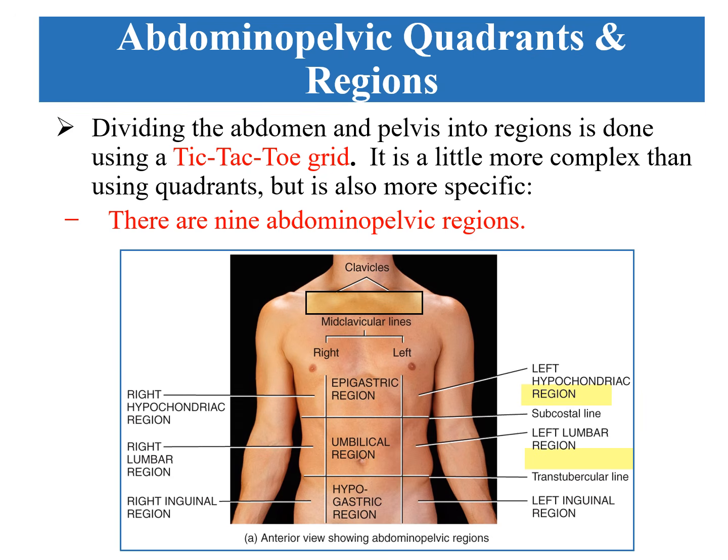There are 9 abdominopelvic regions. The abdominopelvic cavity is divided into 9 regions by drawing 2 mid-clavicular lines, vertical lines that are passing through the middle of the clavicle, and we then draw another horizontal line that is passing through the 10th cartilage, and this line is known as the subcostal line, and then another one that is just passing on top of the pelvic or the hip bones, and this line is known as the transtubercular line.